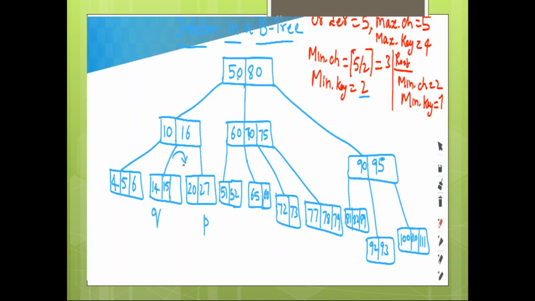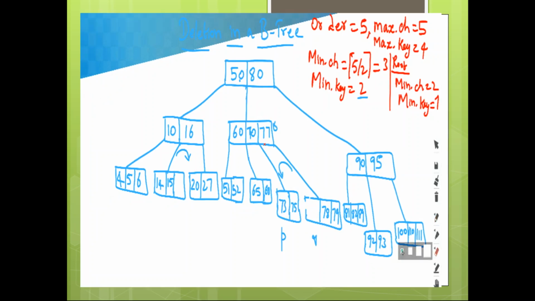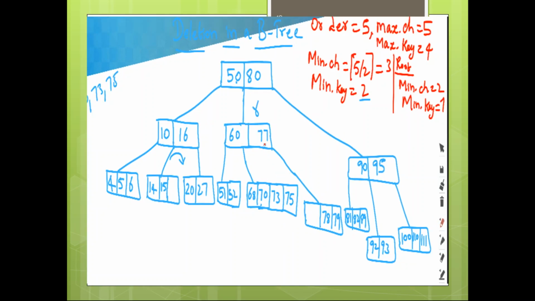Next, let us see how to delete 72. So 72, it's greater than 50 and less than 80, so take this path. It's greater than 60 and less than 77.